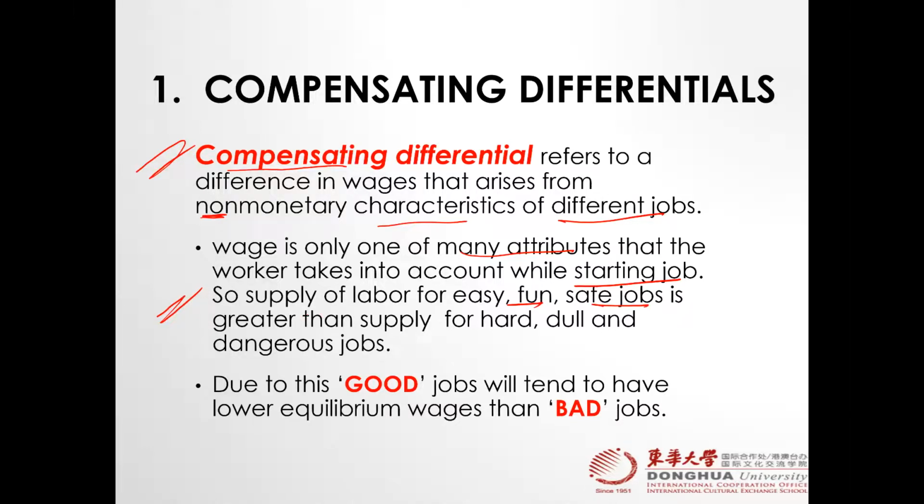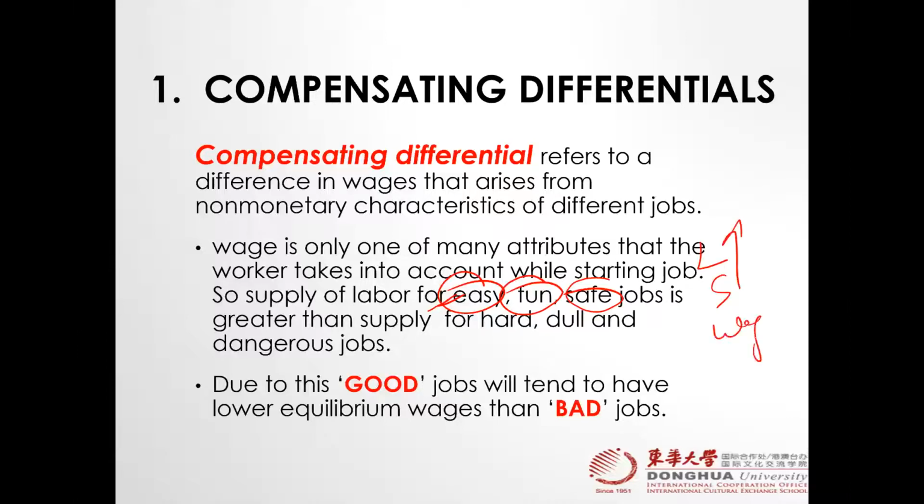So supply of labor is more for easy jobs, fun-oriented jobs, safe jobs, right? Because everybody wants to do an easy job, so labor supply increases. When labor supply increases, wages go down.